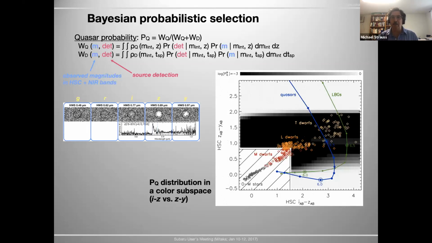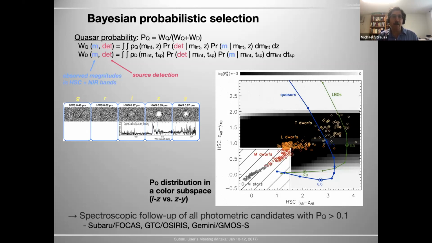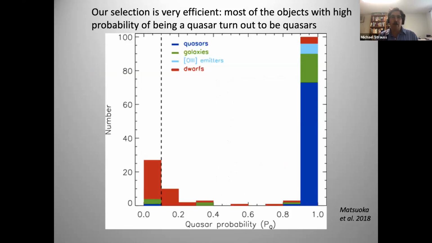So what you're doing is, in a probabilistic way, asking where stars and quasars lie, and selecting objects this way. Then, given objects that have a high probability to be quasars, we do the spectroscopic follow-up. On the x-axis is the probability that various candidates are quasars, and the color indicates what the spectroscopy actually told us it was.